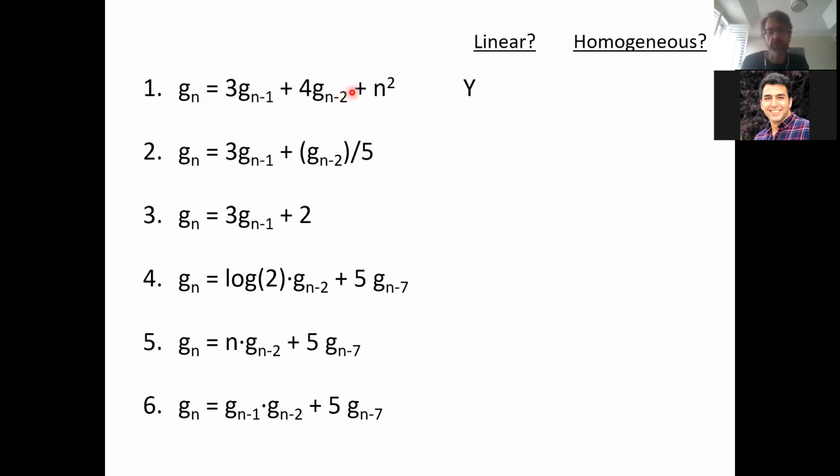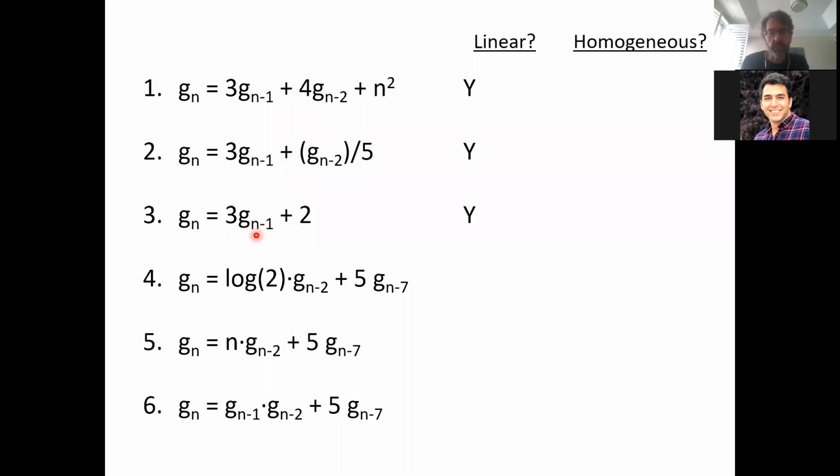All right. Why? Because this is an extra term, but basically you should just look here. Is it a linear function of previous elements? And it is. It's some constants multiplied by the previous ones with a linear equation. What about this one? Same, right? Because dividing by 5 is just multiplying by 1/5. So this is another constant.